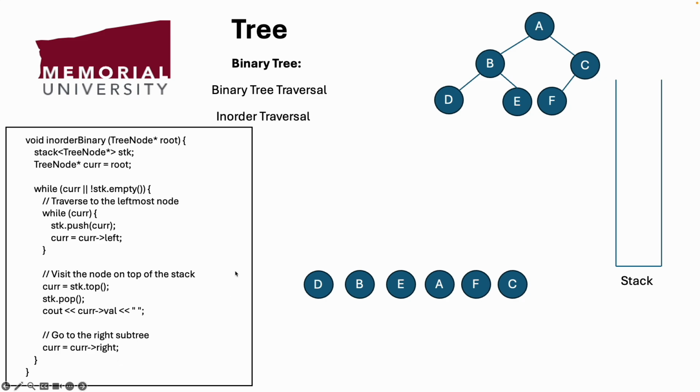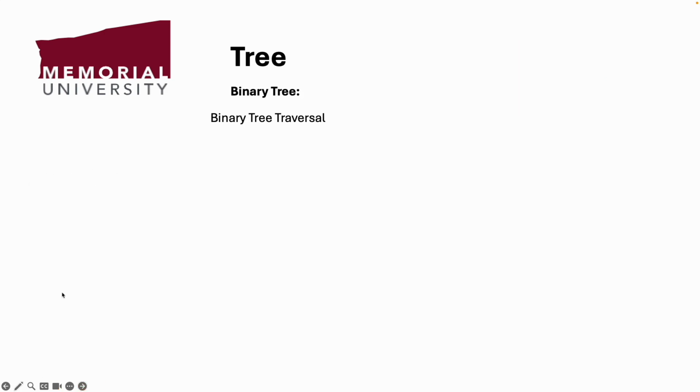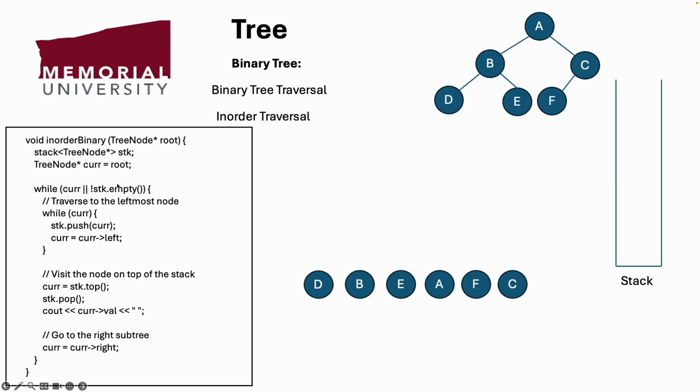So now we can see the current is null and stack is empty. So this while loop is complete. Okay. And the in-order traversal is complete. So it's D, B, E, and then A, and then F, and C. Okay, this is the in-order traversal implemented with the stack.